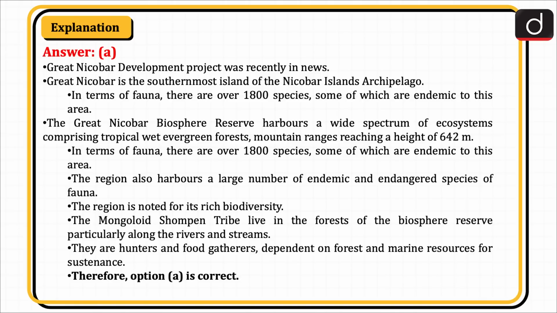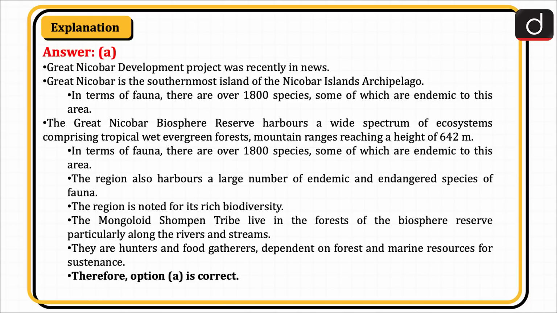In terms of fauna, there are over 1800 species, some of which are endemic to this area. The Great Nicobar Biosphere Reserve harbors a wide spectrum of ecosystems comprising tropical wet evergreen forest, mountain ranges reaching a height of 642 meters. The region also harbors a large number of endemic and endangered species of fauna.